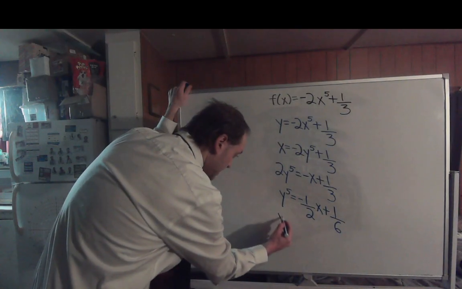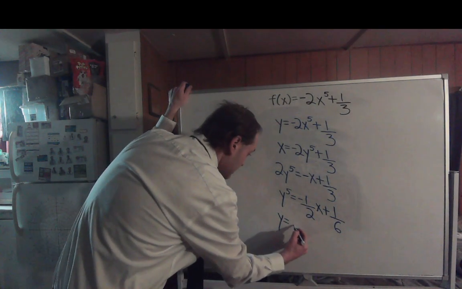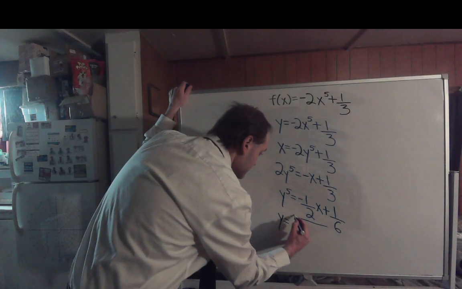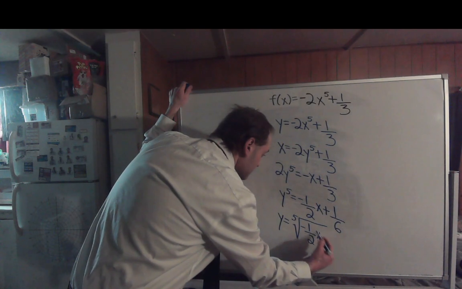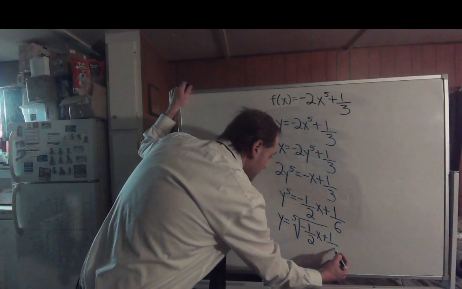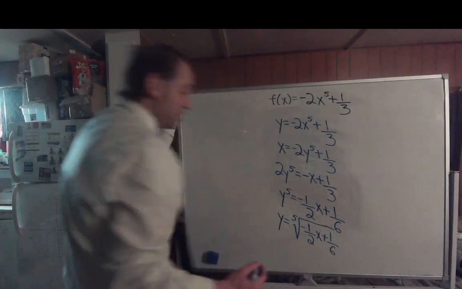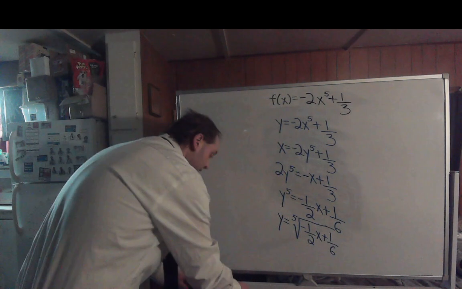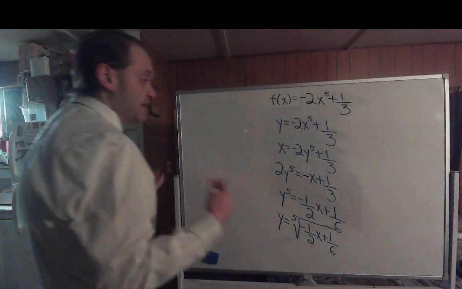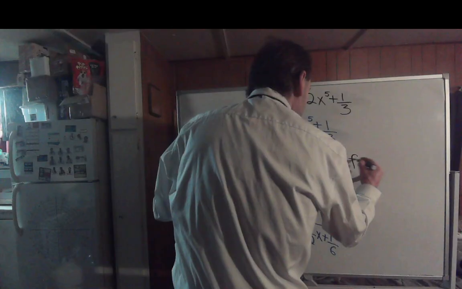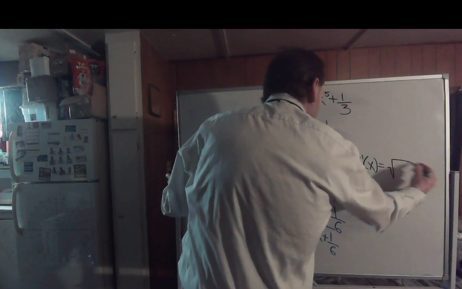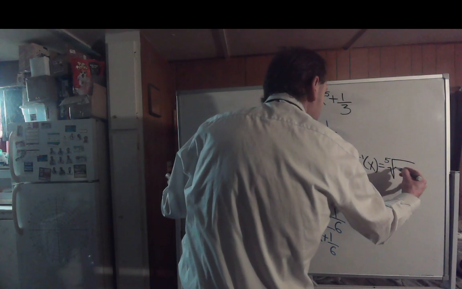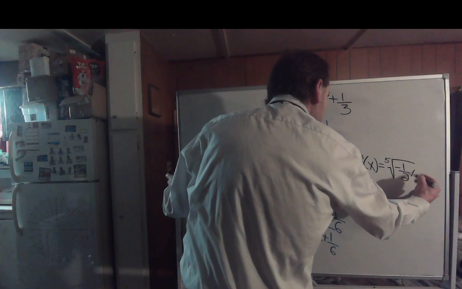So then y would have to equal the fifth root of negative 1/2 x plus 1/6. Which, last but not least, is going to mean that f inverse of x will equal that fifth root of negative 1/2 x plus 1/6.